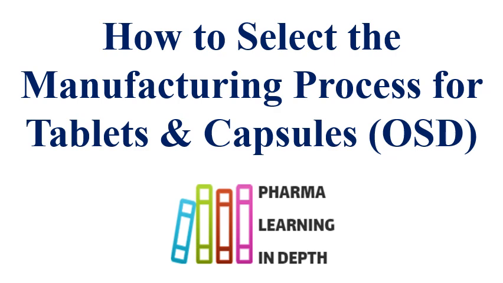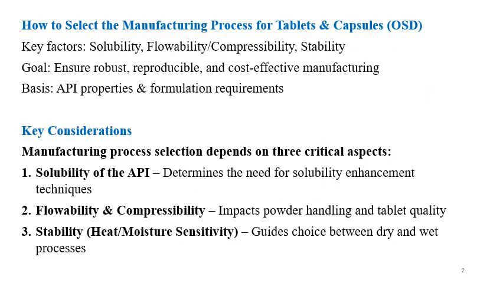All these points are required to be considered while you are going for the selection of the manufacturing processes. Now consider tablets and capsules as the formulations. So key factors for these formulations will be API solubility, API flowability, compressibility, and stability.